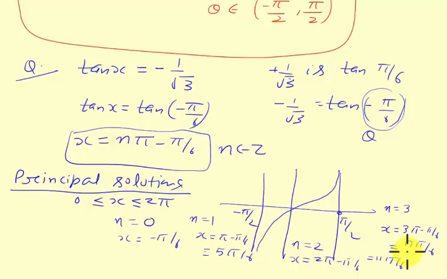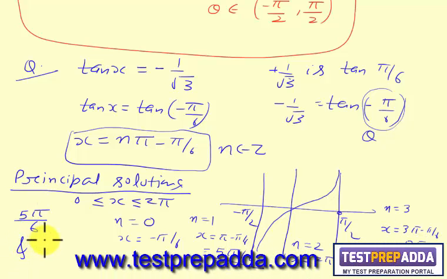Okay, so what angles lie between 0 to 2 pi here? 5 pi by 6 and 11 pi by 6. So the principal solutions will be what? 5 pi by 6 and 11 pi by 6. These are the two principal solutions. They lie between 0 to 2 pi.